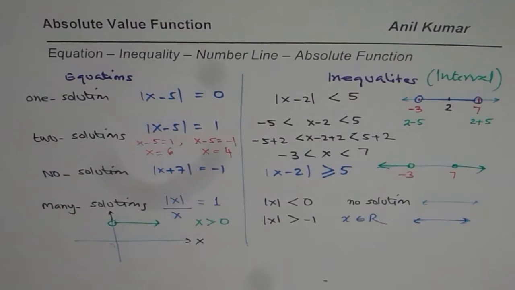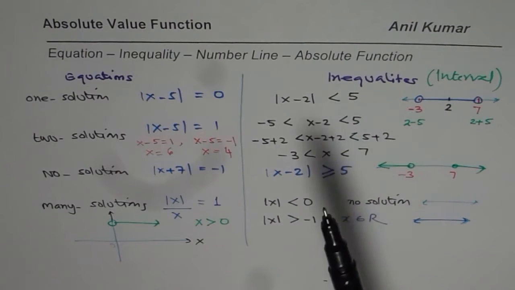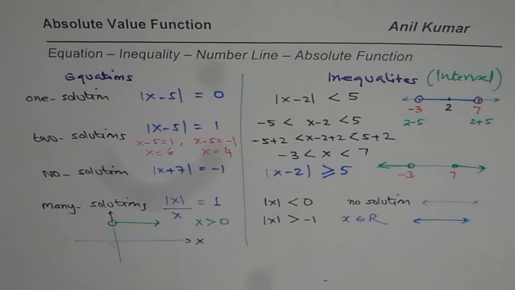So in this video, what we learned is that generally equations can have one solution, no solution, or many solutions when more than one function is involved. And in inequalities, we normally get an interval as a solution, but there could be situations where we may get many solutions. And I forgot to mention here, you could get one solution also.